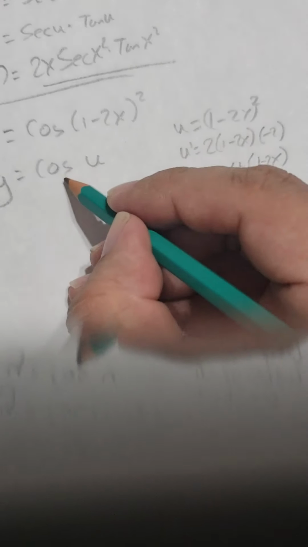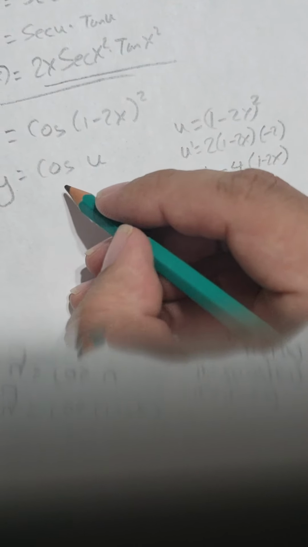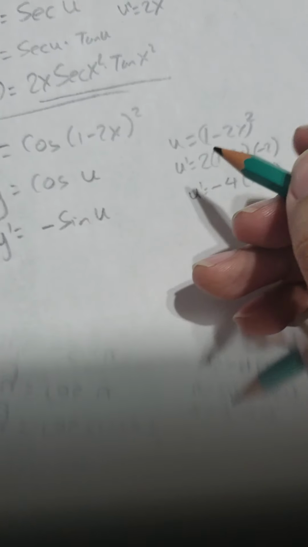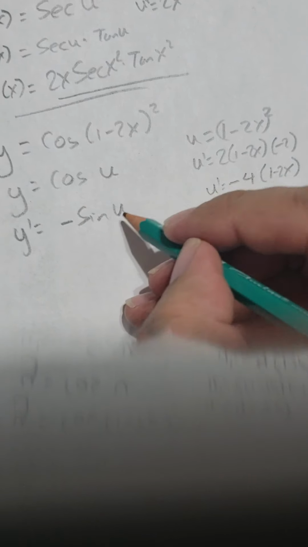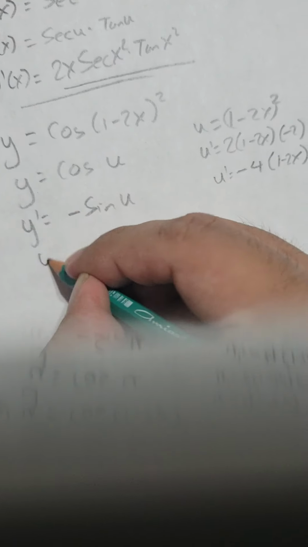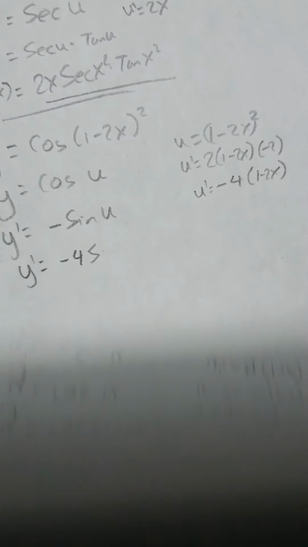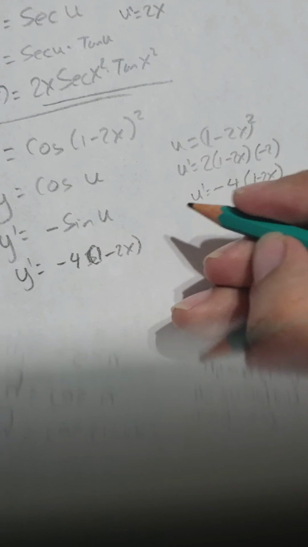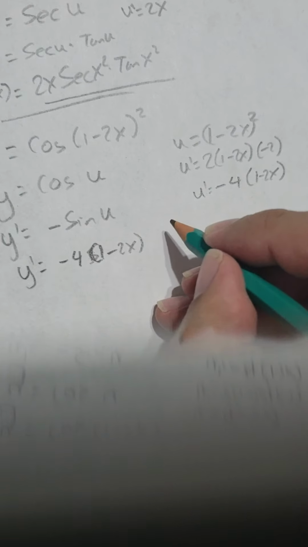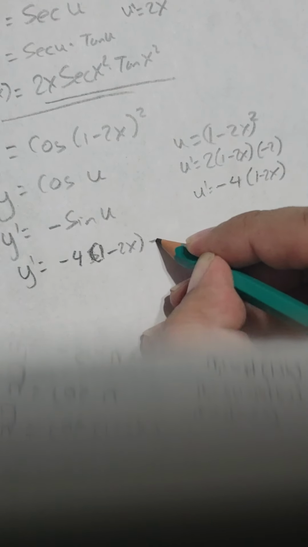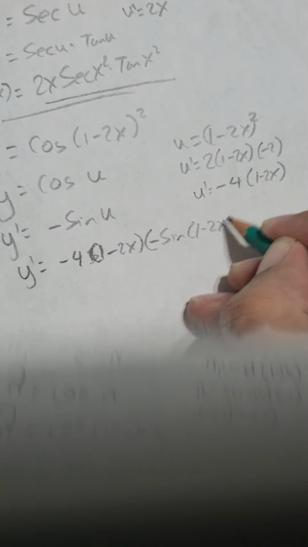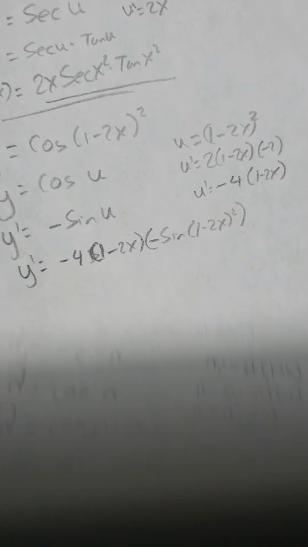Now, what is the derivative of cosine of u? y prime will be negative sine of u. Let's make the substitution and multiply by u prime. In this one it will be negative 4 times the parenthesis (1 minus 2x) multiplied by negative sine of (1 minus 2x) to the second power.